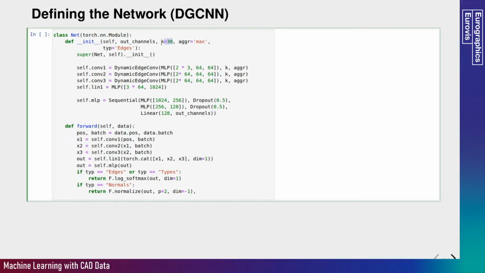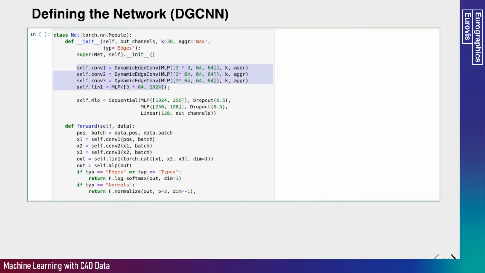With this k parameter we tell how many neighbors make up this graph that is used inside of the network. We are setting up 3 dynamic edge convolution layers, and they take this parameter, how many neighbors define this graph. The other parameter is the aggregation parameter, so we use max pooling here.